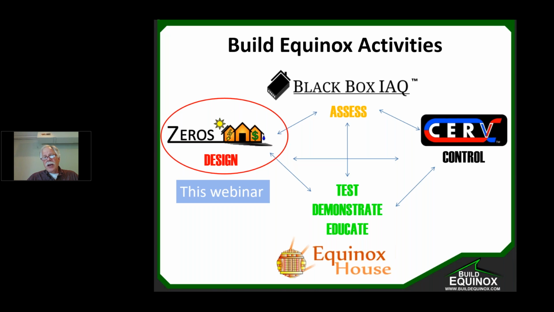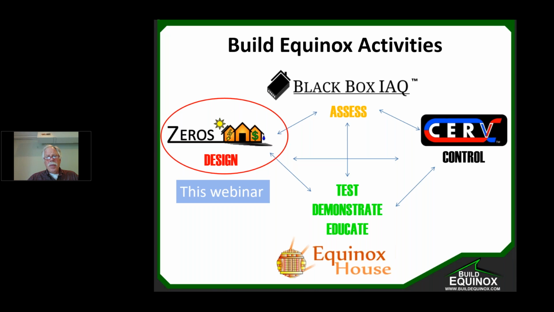As far as Build Equinox, we're involved in a lot of activities. A lot of you know us for our SERV smart ventilation system, designed for today's homes to automatically ensure that we're getting fresh air and that it's maintained, giving us peace of mind so that we can be off doing other things.